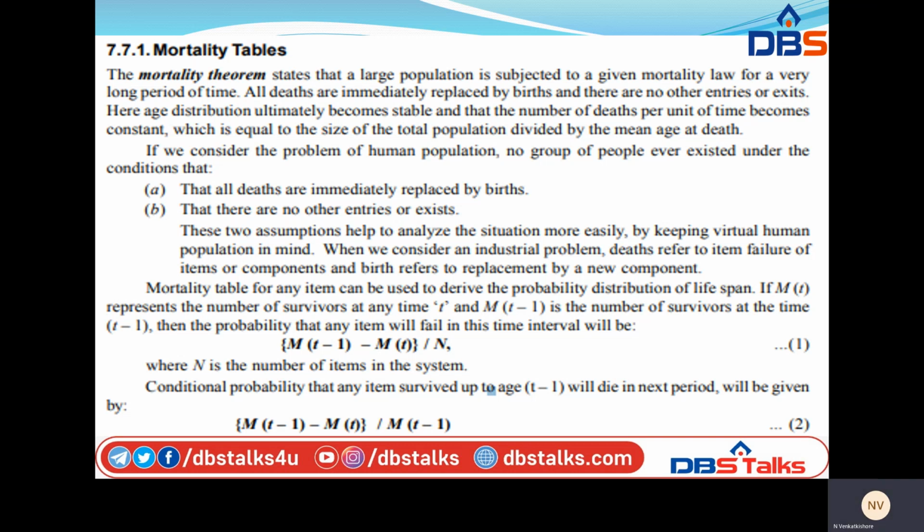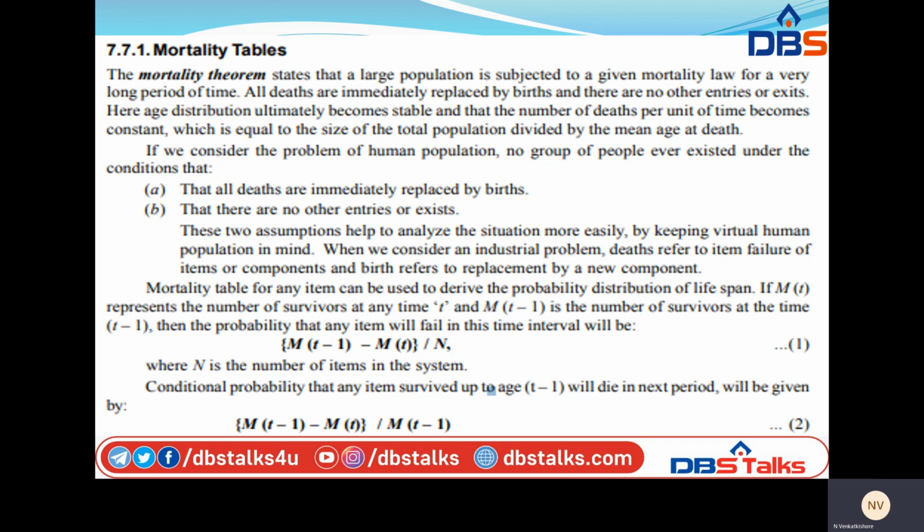And these two assumptions help to analyze the situation more easily by keeping a virtual human population in mind. That means by considering these two assumptions, we can say that the population is constant. When we consider an industrial problem, the deaths refer to failure of the item or components, and the birth refers to the replacement by a new component.